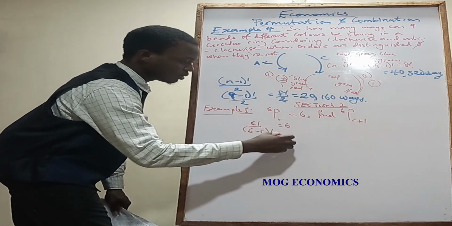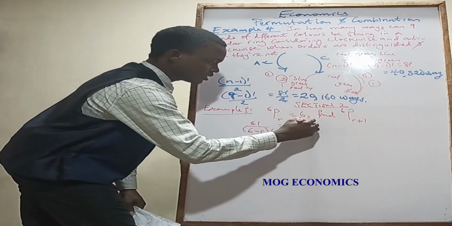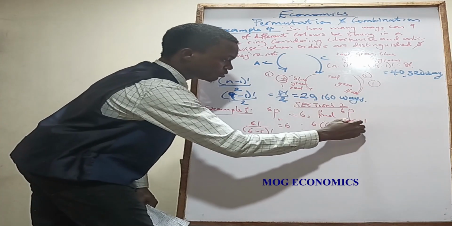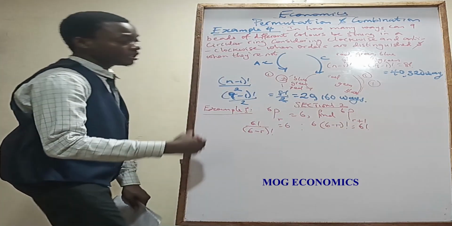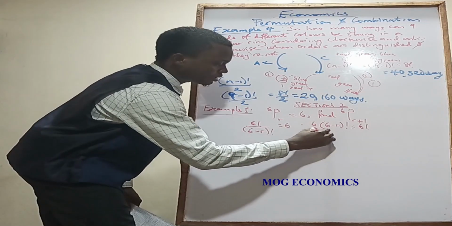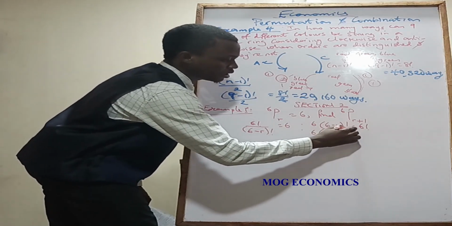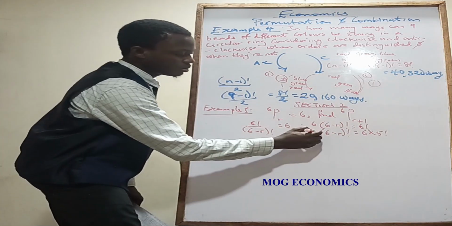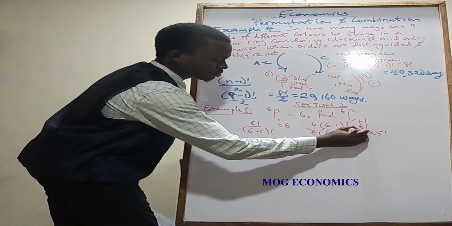When we cross multiply, I'm going to have 6 into bracket (6 minus r) factorial equals 6 factorial. But the good thing is that 6 into (6 minus r) factorial equals 6 times 5 factorial. So that 6 will be able to cancel 6.